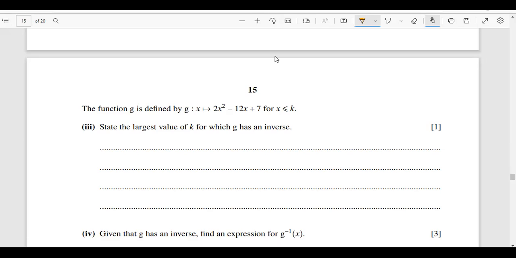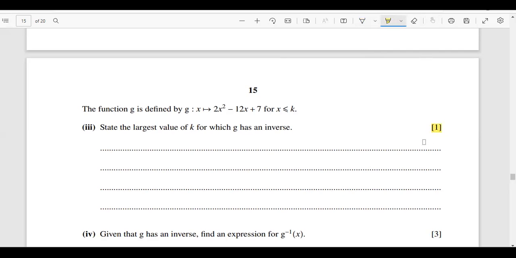Okay. Now I've told you that whenever you have a function and its inverse, the relationship is opposite. For finding the domain of the inverse, we look at the range of the function and vice versa. Okay. So how do we find it? First thing is that this is just a 1 mark question. It means that things are straightforward.